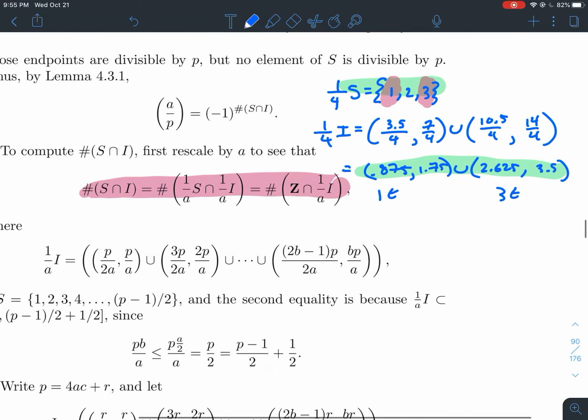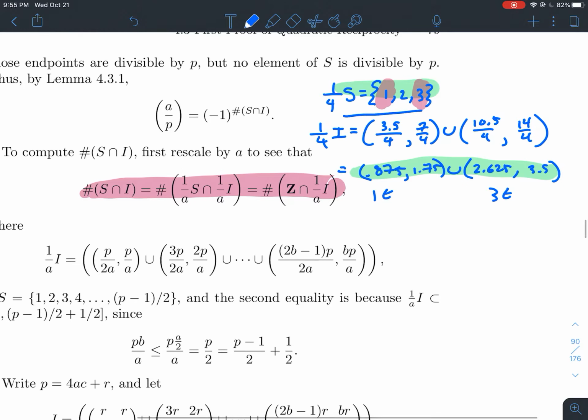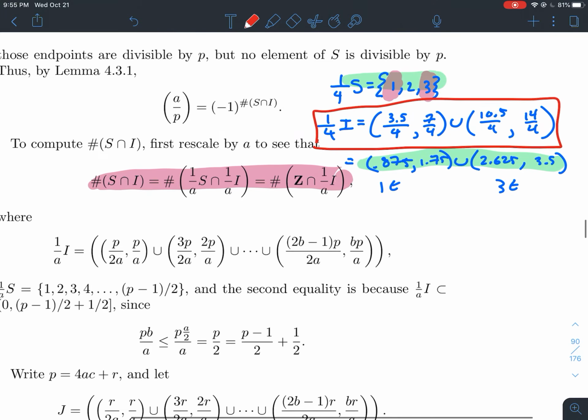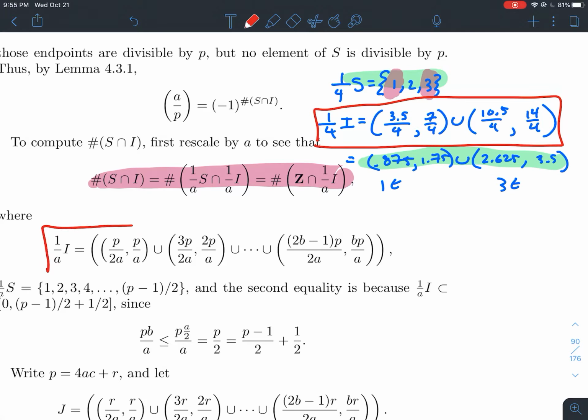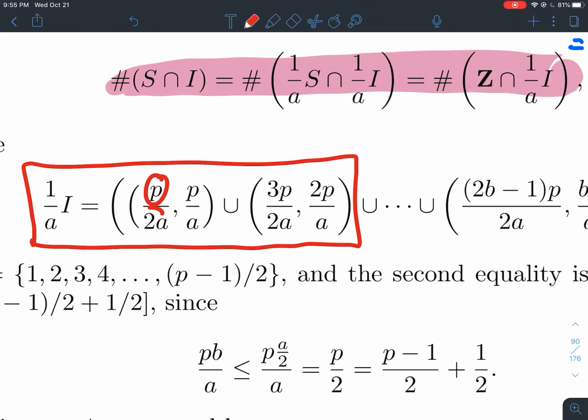What I'm going to do is get a little bit fancy now. What's another way to think about this set 1/4 I? What's another way to write that? It turns out another way to write that, in my case, I just need these first two here. I'm going to think about it as, in my case, 7 over 2 times 4, so 7/8 to 7/4.